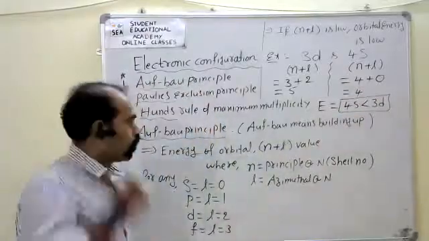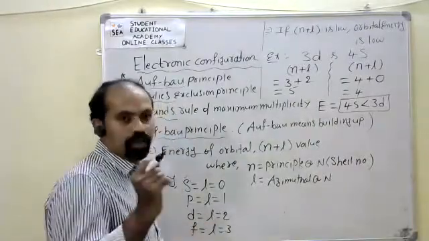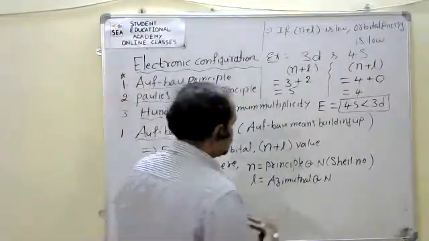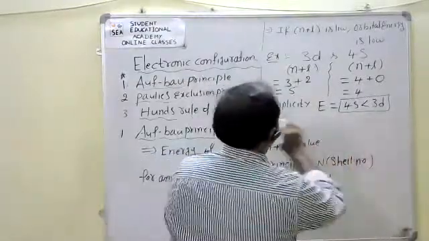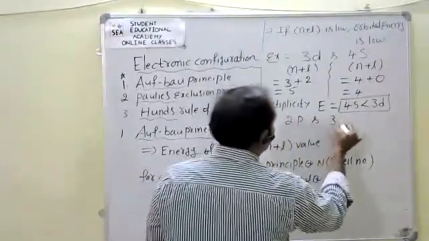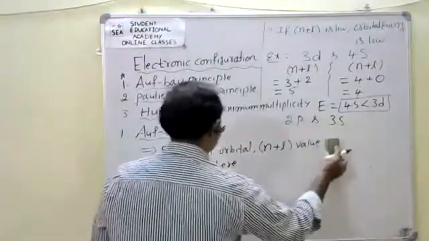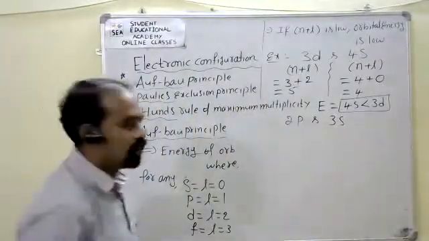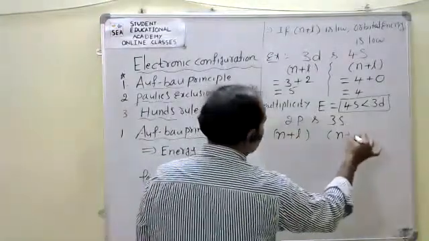Now, one of the most important examples: if I take 2p and 3s. Say what about the energy of these orbitals. Find the n plus L value.